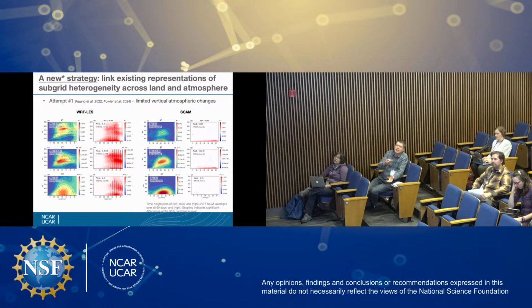How is the land represented in that? In contrast to SCAM, there's this artificial boundary at some 60-meter height or something like that. And presumably the LES has a higher vertical resolution, but probably still has a boundary condition at the ground of fluxes. So does vertical resolution factor into the impact of horizontal heterogeneity?